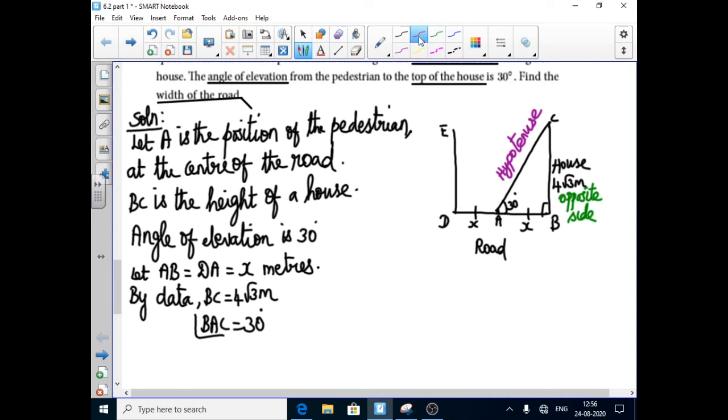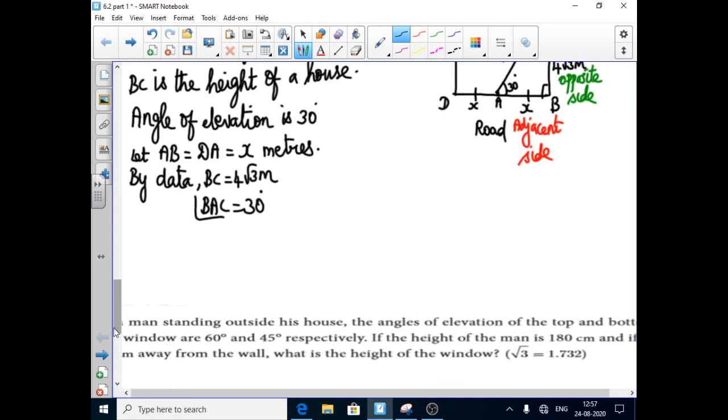To help you differentiate, I write it using color. So we know the hypotenuse, opposite side and adjacent side. Now what do we have to find? We have to find BD, or DA.